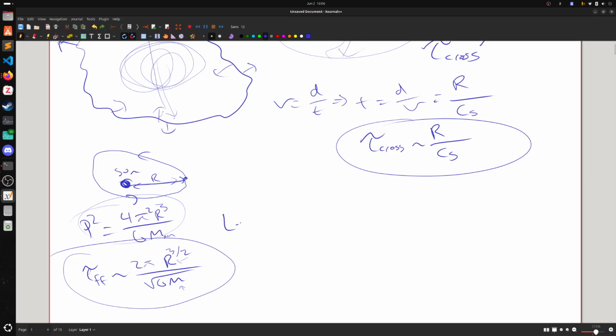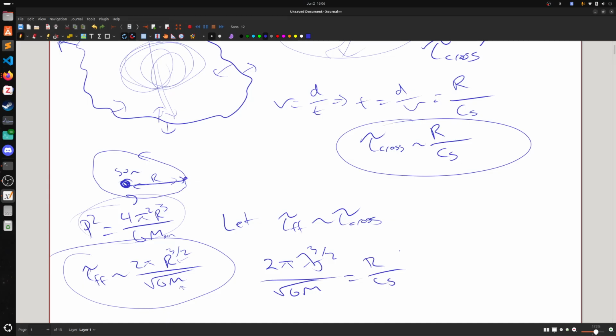So let your freefall timescale equal your crossing timescale. And now instead of r, we're going to be using lambda J, that's the Jeans length. So you get 2 pi lambda J to the 3/2 over square root of GM equals lambda J on sound speed.